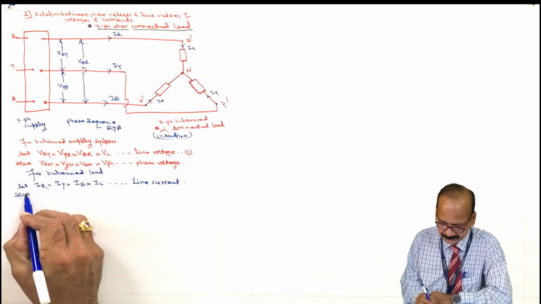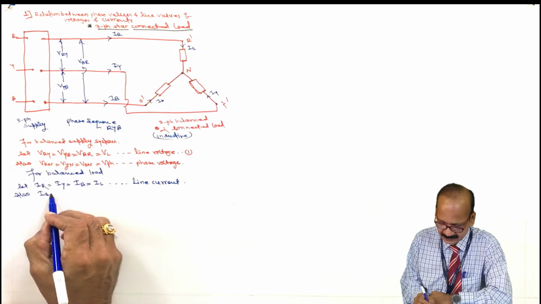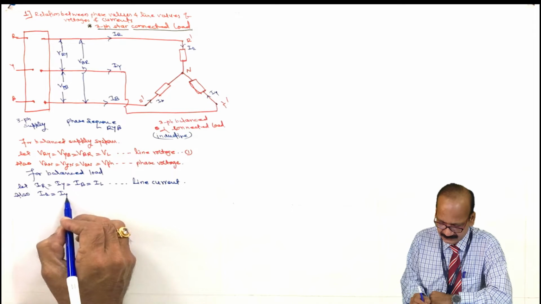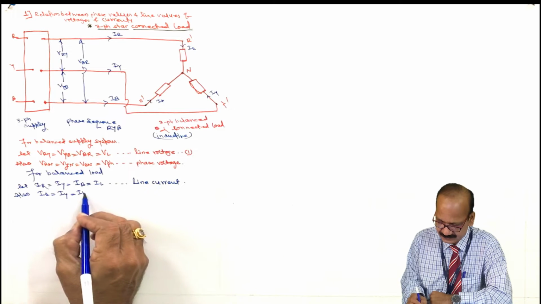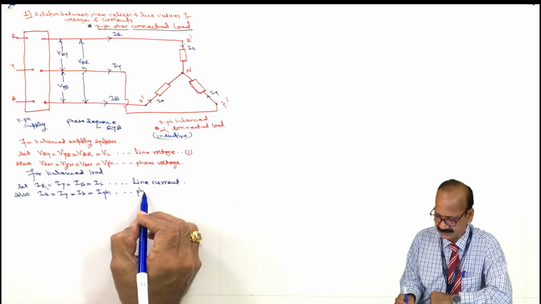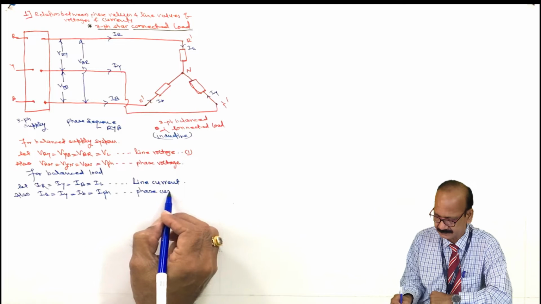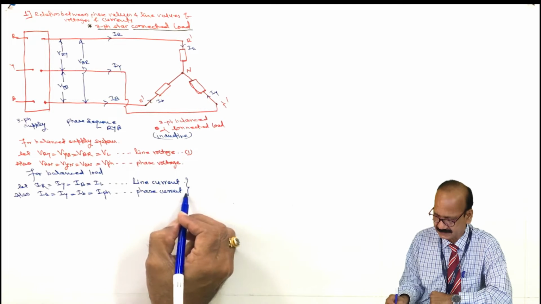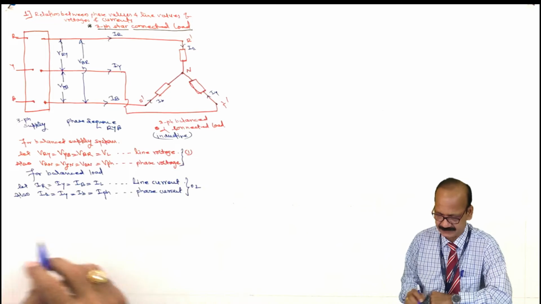Also, capital I small r equal to capital I small y equal to capital I small b equal to IPH, phase current. So this is equation 2, this is equation 1.